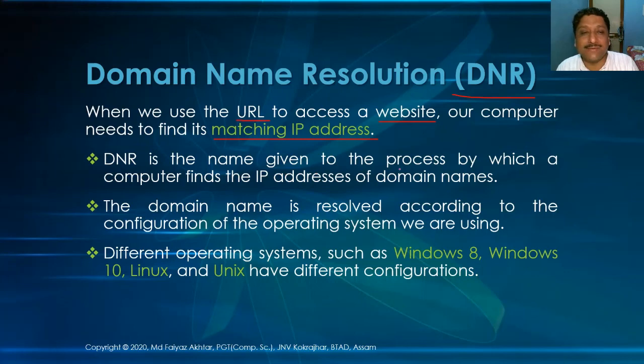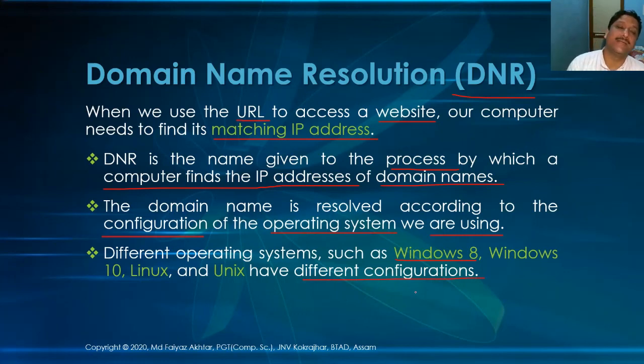DNR is the name given to the process by which a computer finds the IP address of a domain name. Okay, so the domain name is resolved according to the configuration of the operating system we are using. Different operating systems such as Windows 8, 10, Linux and Unix have different configurations, and accordingly the matching IP addresses are found using domain name resolution.